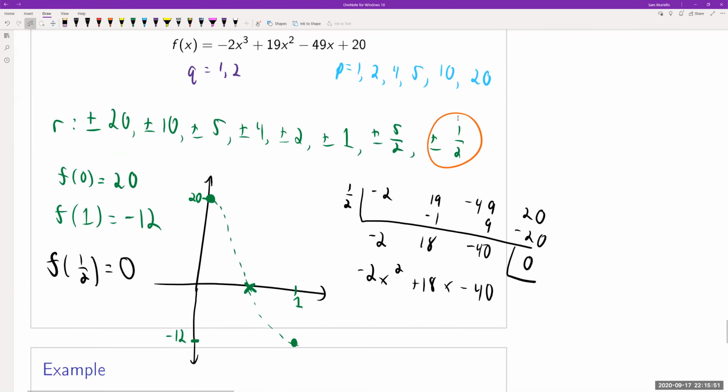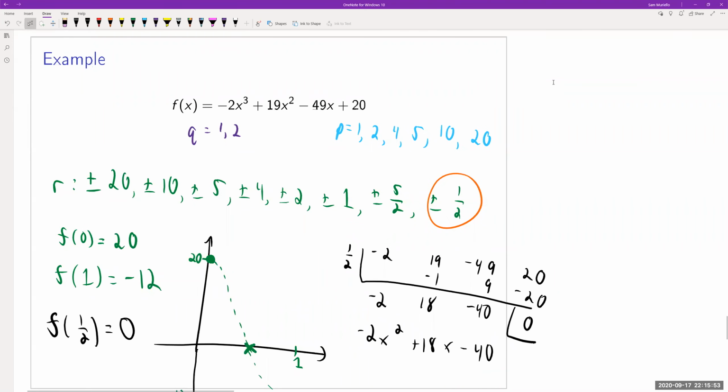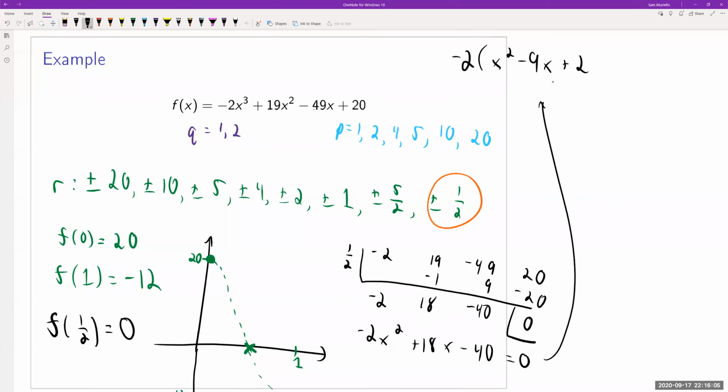At this stage, we're at a polynomial that's only a quadratic. We know how to factor this equal to 0. So just bringing this piece over here, I'll pull out a negative 2. That leaves me with x squared minus 9x plus 20. And I can factor this into x minus 4, x minus 5.